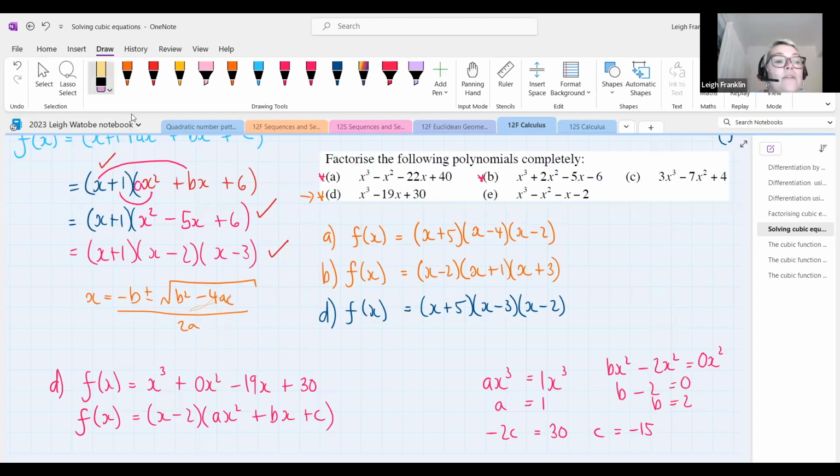Okay, so as far as our numbers are concerned, we've got 1x squared, our b was equal to 2, so let's put that in over here. And our c was equal to negative 15, so let's put that in like so.